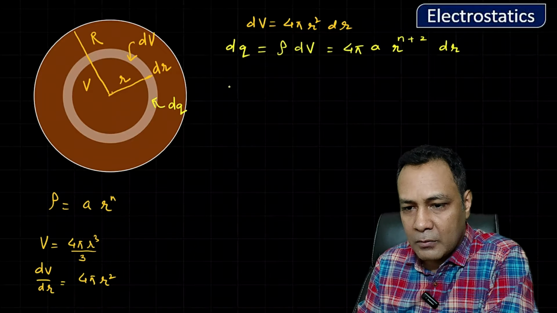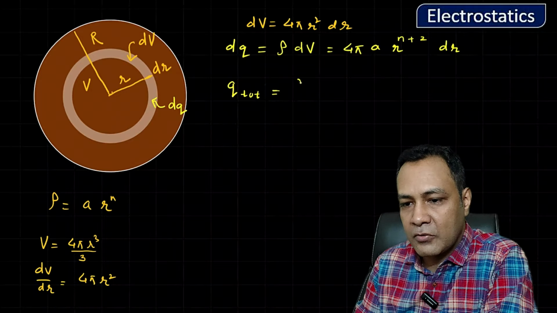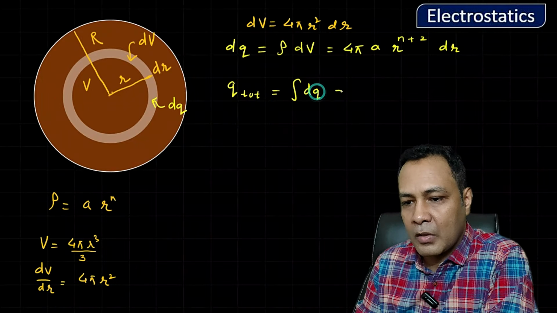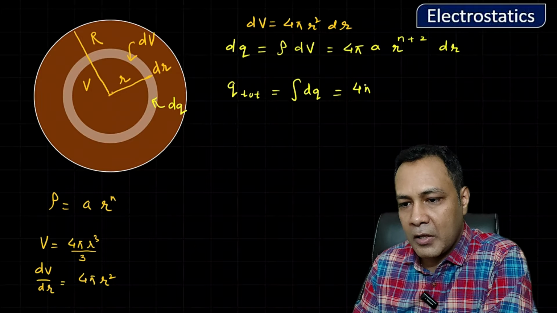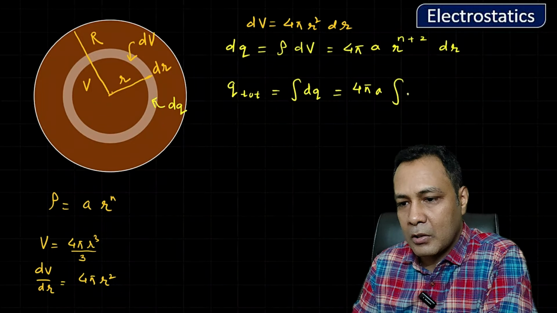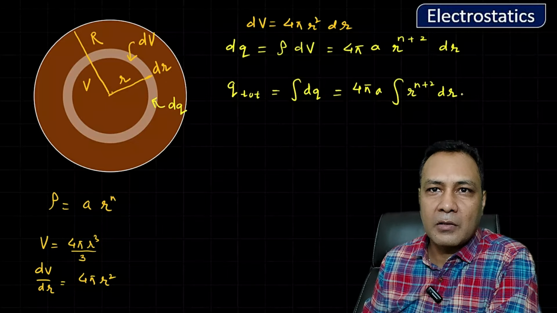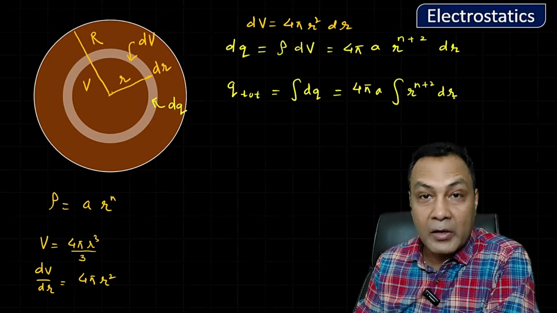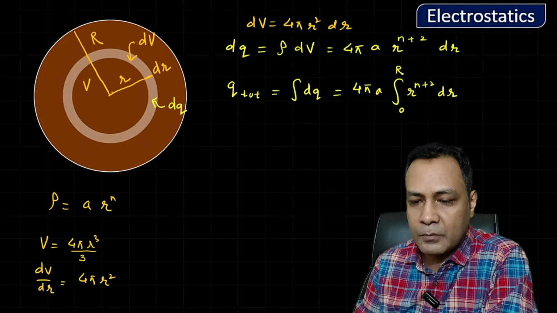So Q total is the integration of dq, and if I integrate it, I'll take the constant outside. So 4 pi a, integral of r power n plus 2 dr. We'll take this variable r from 0 to capital R to cover the whole of the sphere.